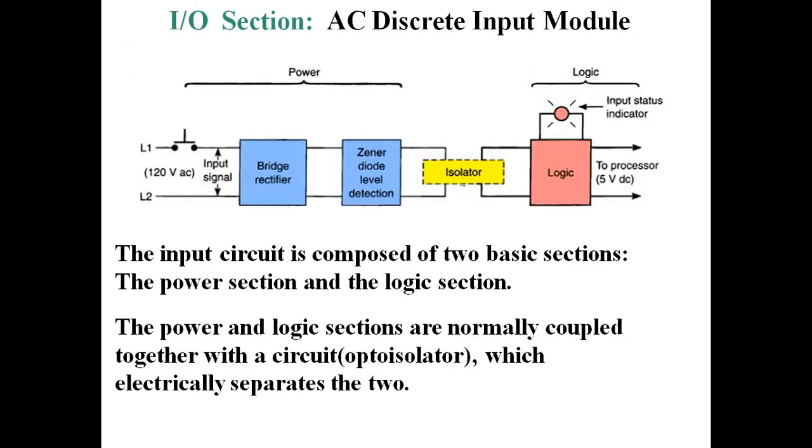Input-output section, a discrete input module. Here is the block diagram. L1, L2 is the supply voltage, 110 volt AC supply, 50 Hz frequency. Here is the input signal, and next is the bridge rectifier. The bridge rectifier converts AC to DC, and next is the Zener diode level detection.